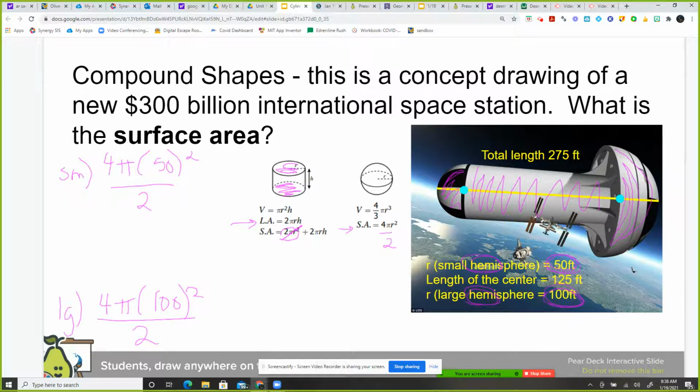Then we're going to do the lateral area. So the lateral area of the cylinder is going to be 2 pi. The radius is just this part, the radius of the small. So that's 50. And then the height here is that 125. The cylinder is laying on its side, so the height is 125.